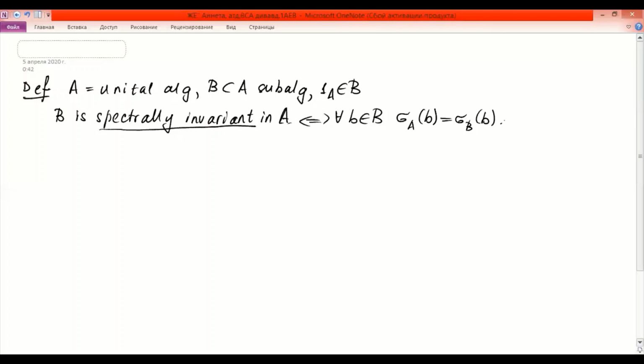So if these two spectra are the same, then we say that B is spectrally invariant in A. Equivalently, this means that each element of B which is invertible in A is invertible in B. So we have this equality.